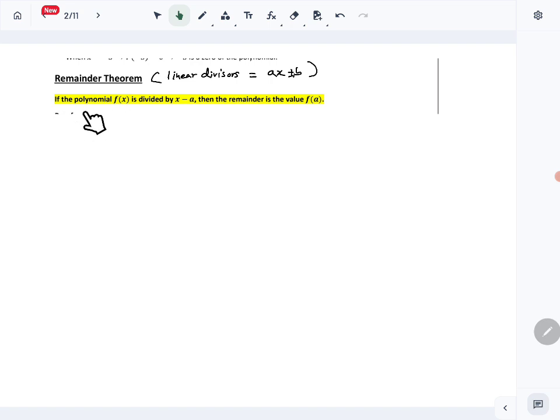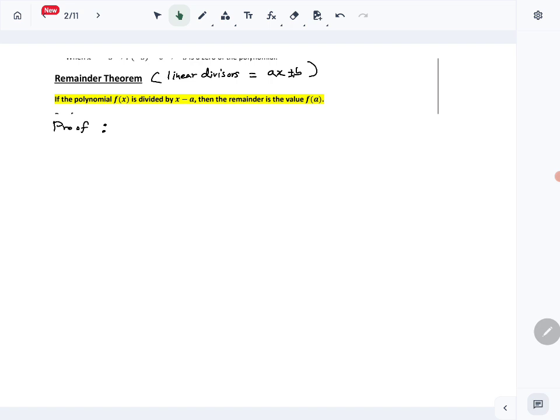So let's see. Now we know our divisor is x minus a, and our polynomial is f(x). Then the remainder is the value f(a). That is what we want to show, right?